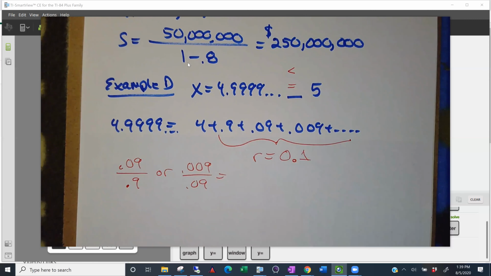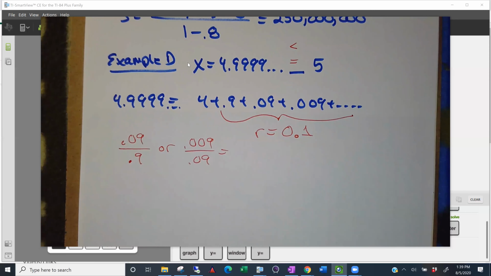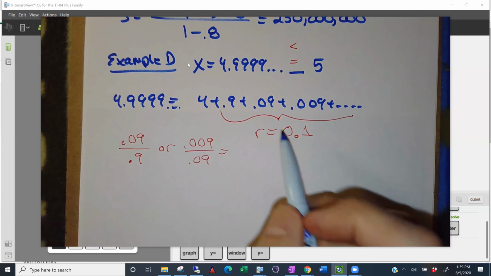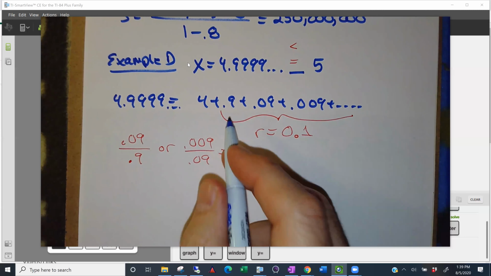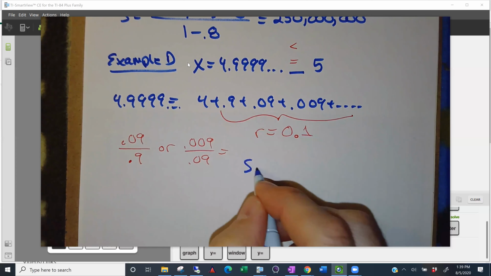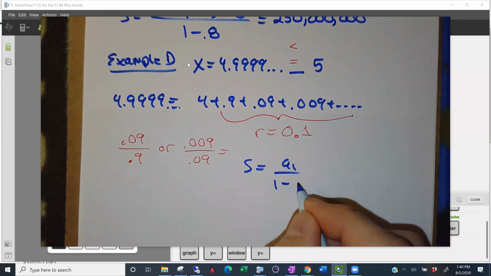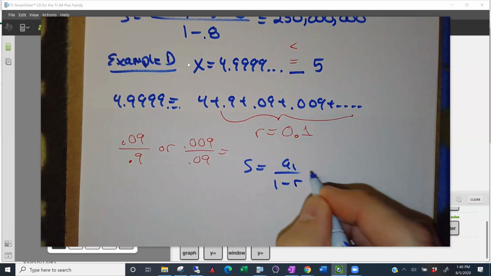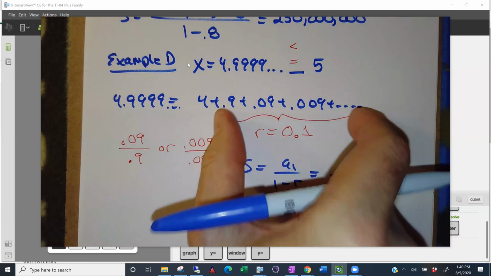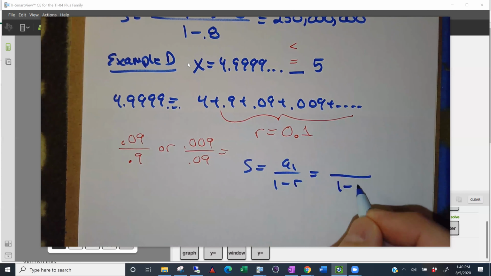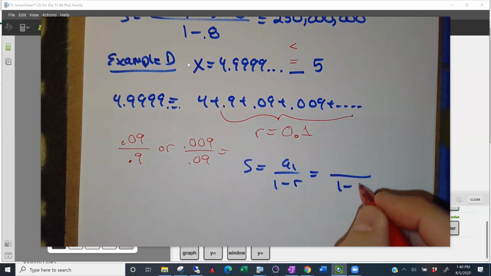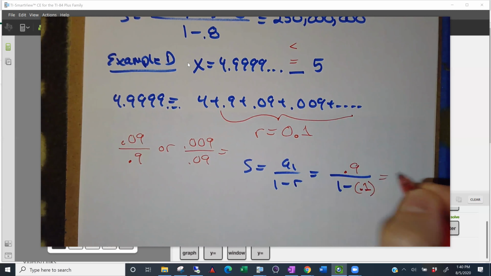Now, if I want to figure out the sum here, S is going to be a sub 1 over 1 minus R. Looking at this part here, what's a sub 1? It would be 0.9. And so what I get is 0.9 over 0.9.